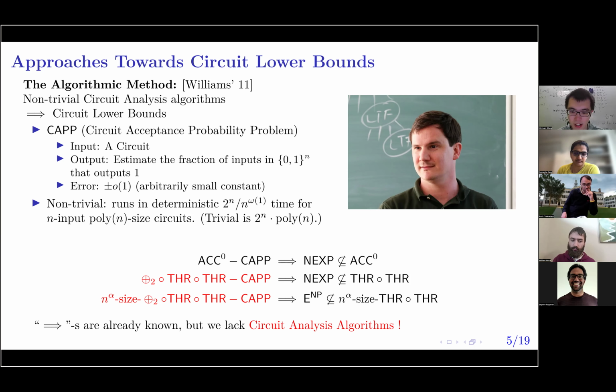There is a small loss, in that it is not for X but for E^NP. The implication in the second line only works for general polynomial size threshold circuits. Maybe if we have a threshold algorithm for n^100, then we only get a lower bound for n^10 size. But this third line tells us that we can do this for fine-grained size circuits.